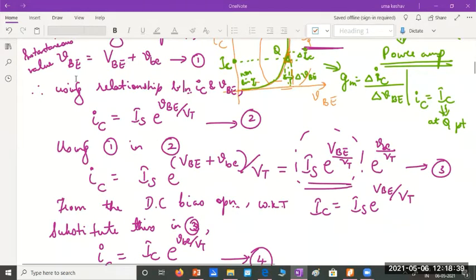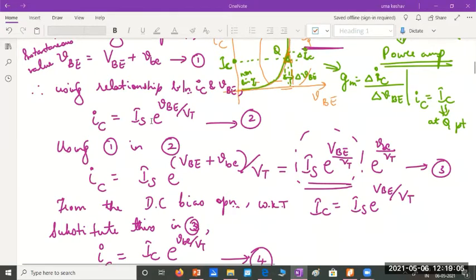So VBE here is the instantaneous or total value, which is always equal to DC plus AC, capital VBE plus small VBE. And we know the relationship between collector current and base emitter voltage follows Shockley's equation, similar to that of the diode current equation.